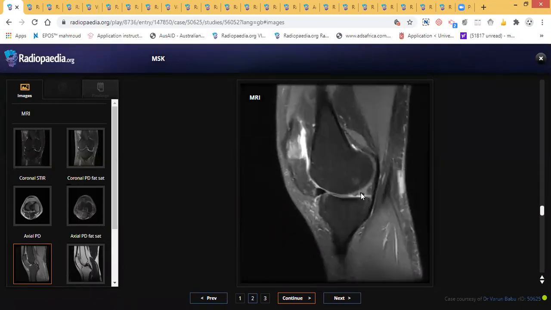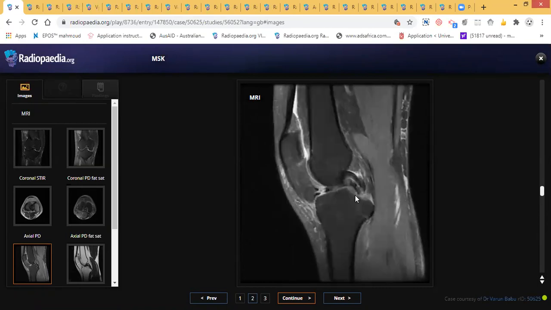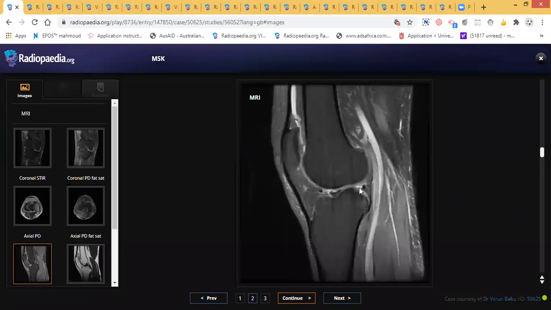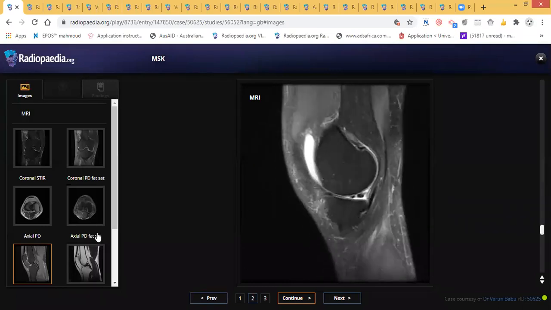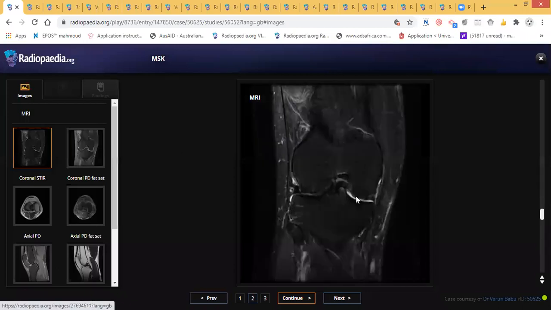So you can see the medial meniscus here is incomplete and torn, and part of it is placed in the intercondylar notch, and it goes in front of the PCL, and it gives you this appearance of the double PCL sign. When you find this double PCL sign, which is more clear in the sagittal, you should go for this.